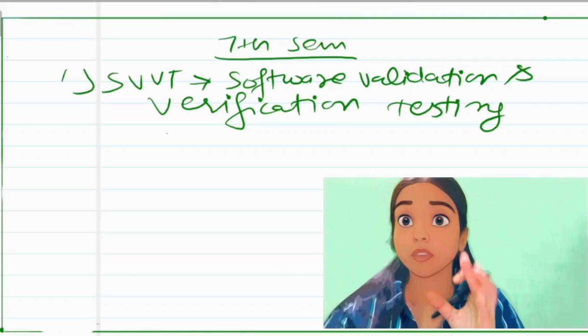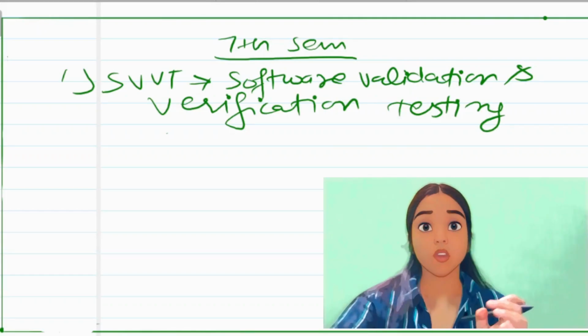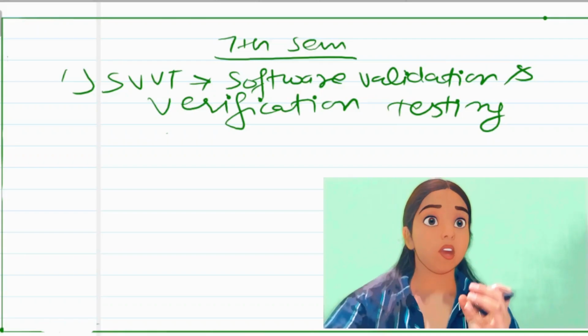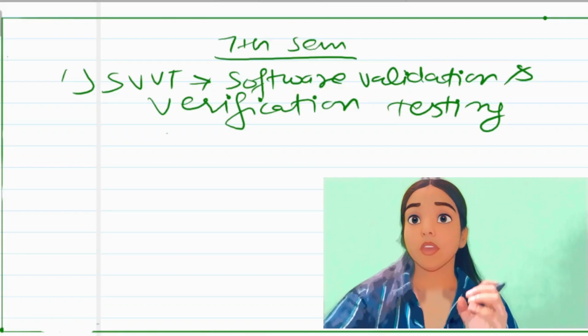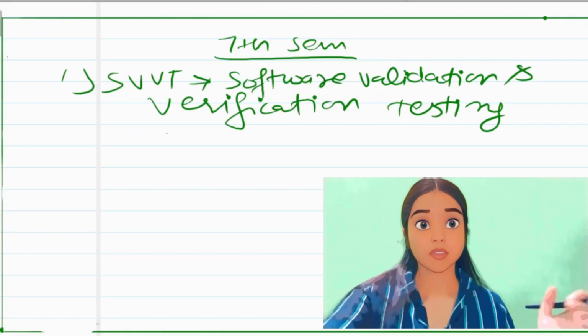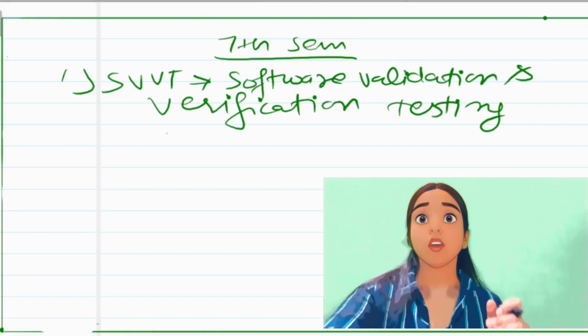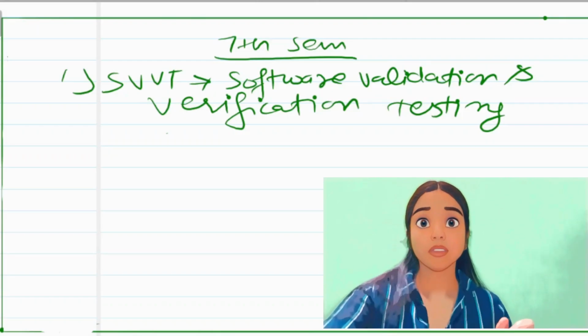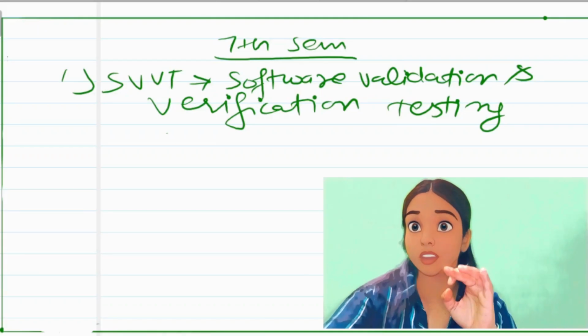And in this subject we simply test the software. Suppose any programmer made any type of software, then that software is sent to the people who are working in the testing team, and the testing team applies algorithms that they learn from the SVVT.